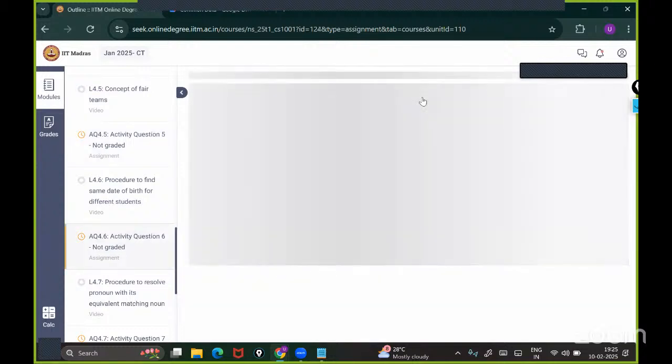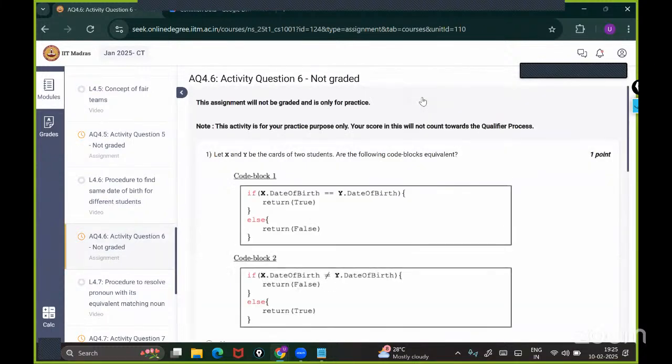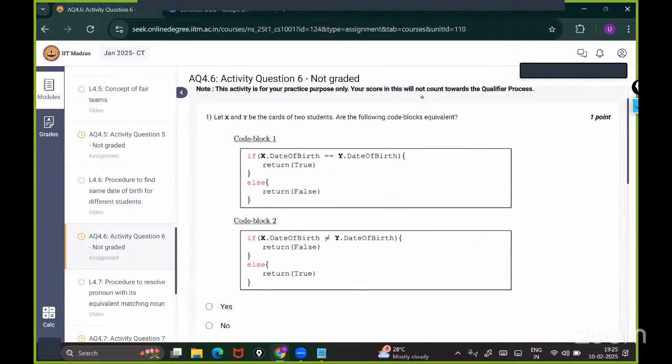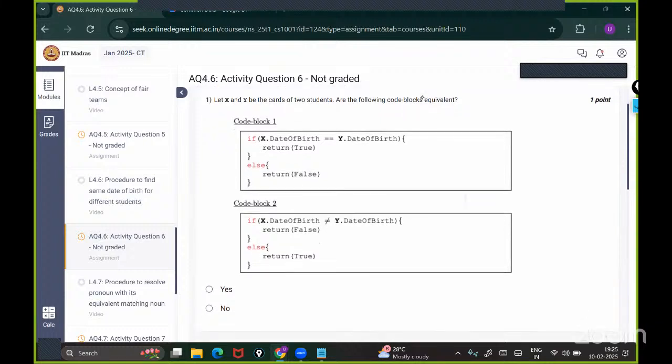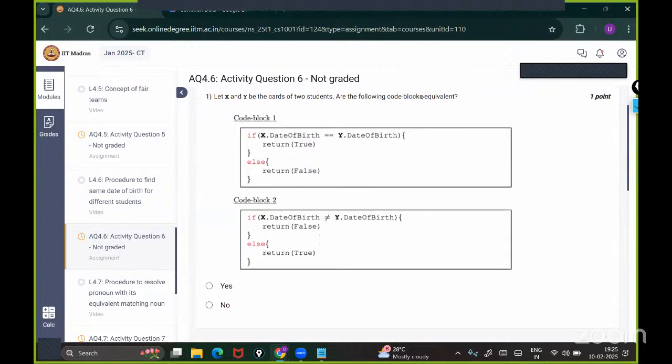Okay, then the activity 4.6, first question. So let X and Y be the cards of two students. So they are asking whether these two blocks are the same or not. Please tell the answers, people. Are both the things the same?